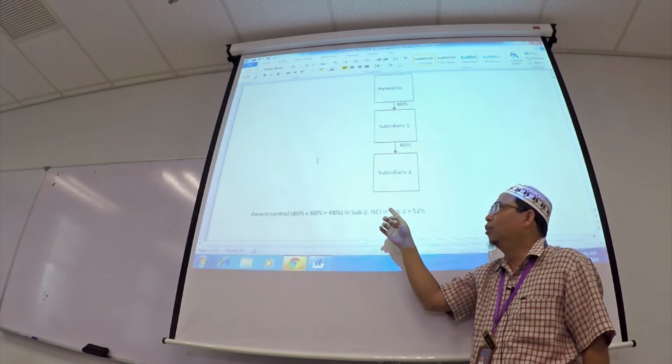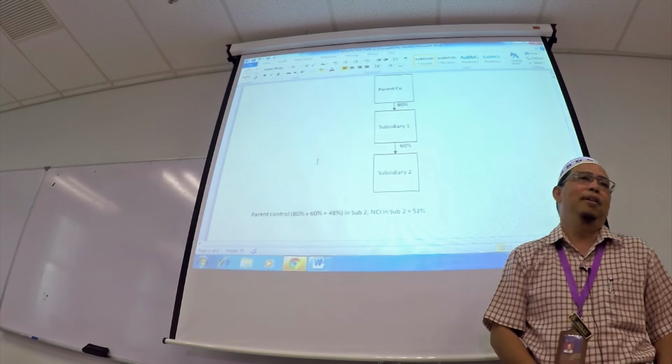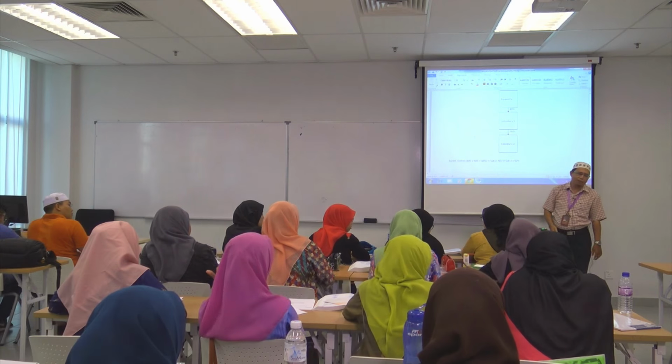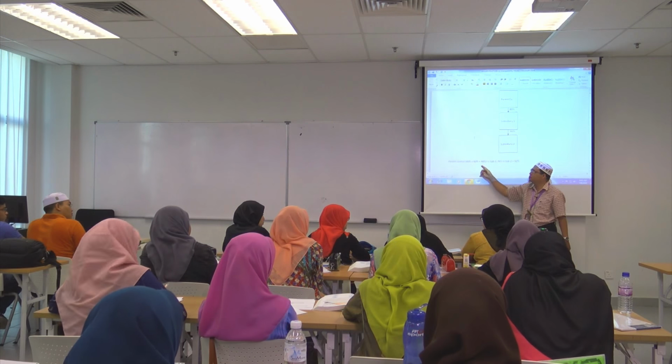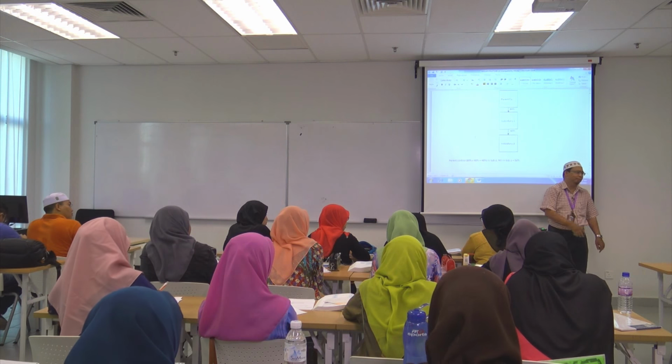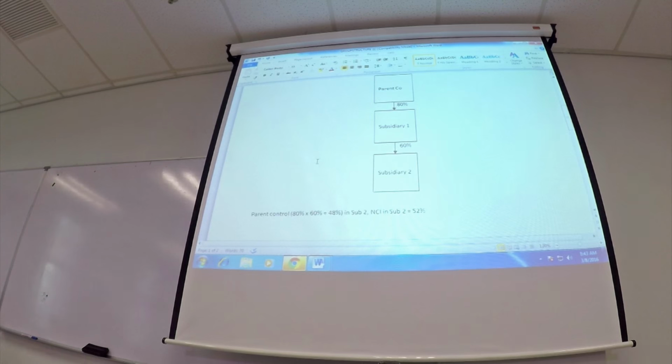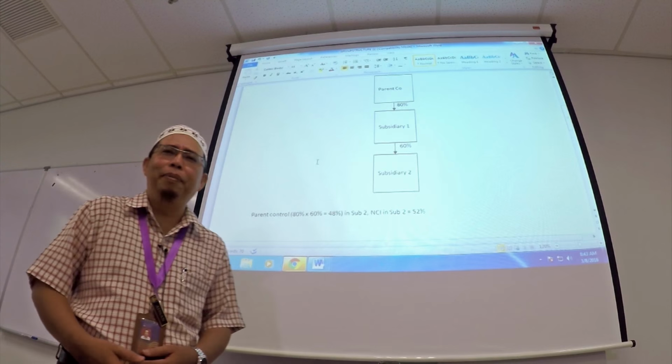Okay, and why is this subsidiary 2 considered still a subsidiary of the parent, even though of this percentage 48? A subsidiary of a subsidiary is a subsidiary of the parent.